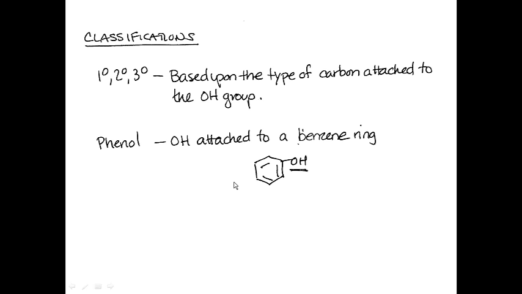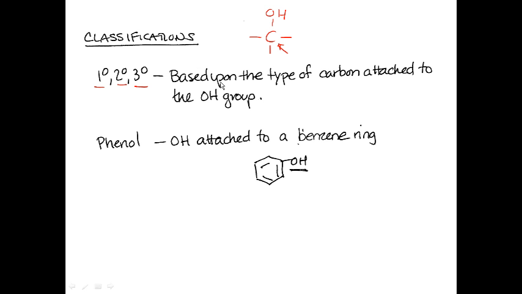Now, in terms of the classifications of alcohols, we classify alcohols based on the same criteria that we use to classify alkyl halides. In other words, we look at the carbon that the OH group is attached to, and if that carbon has one other carbon attached to it, it's primary. If it's got two carbons attached to it, it's secondary, and if there's three, it's tertiary.